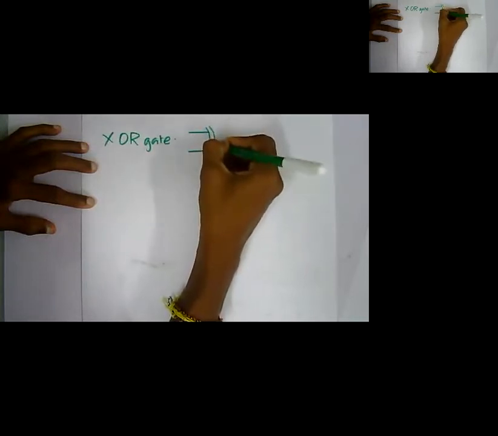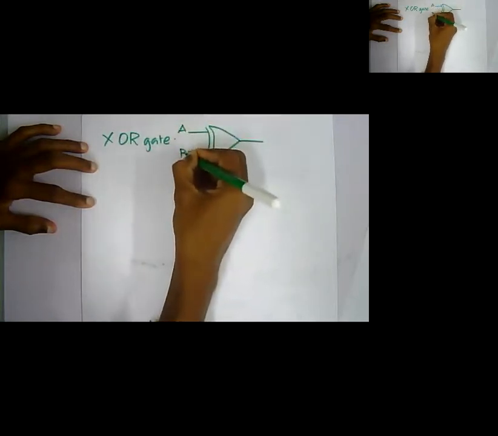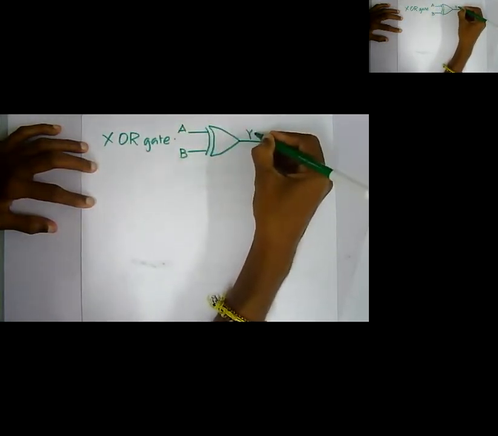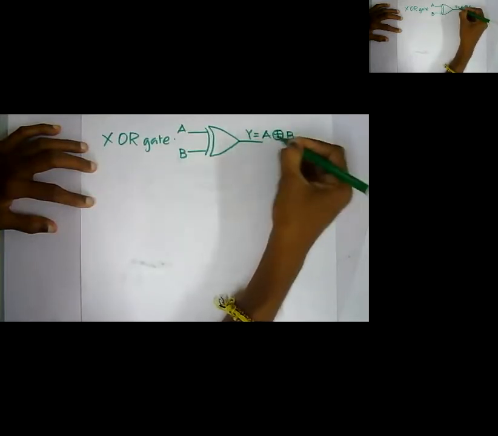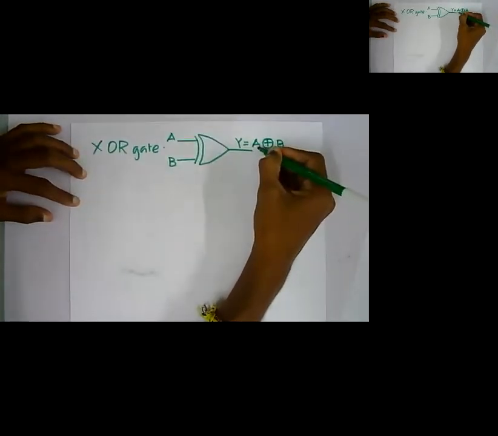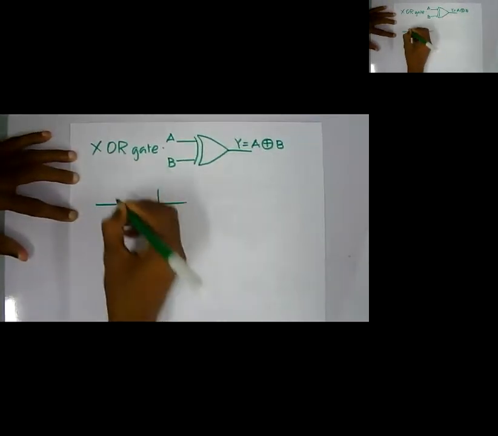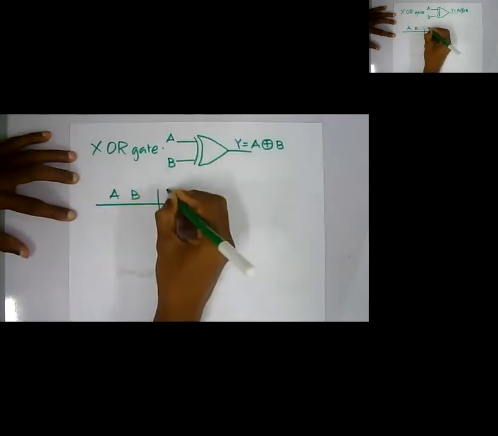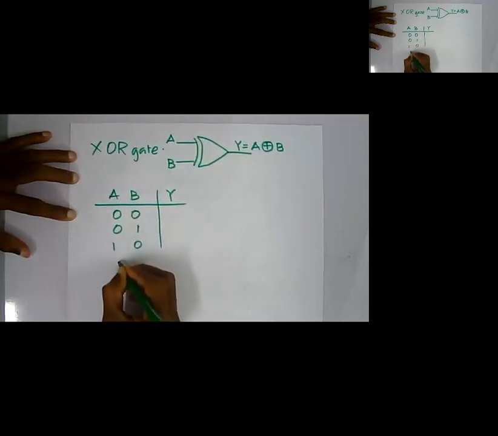The exclusive OR gate symbol is a double curve structure, something like this. With inputs A and B, the notation is A XOR B. Y equals A XOR B. The truth table is A, B, and Y, with 0 0, 0 1, 1 0, 1 1.